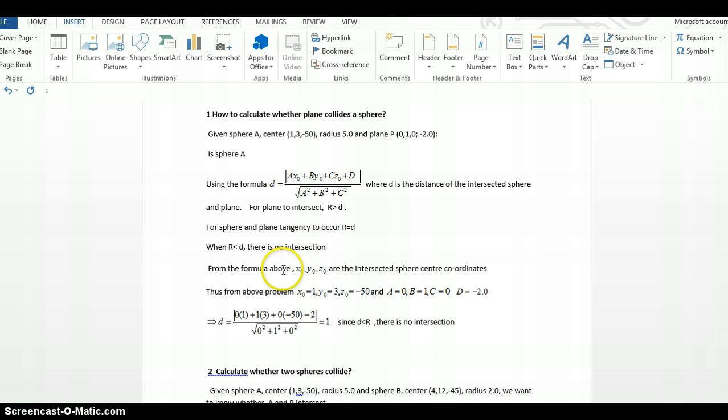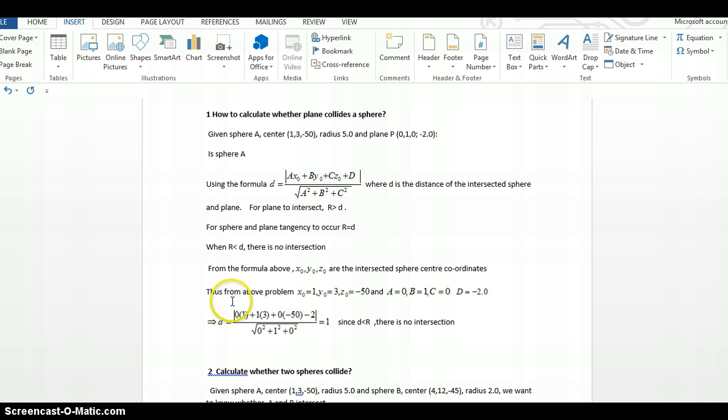So if you see now, from the above formula we have x0, y0, z0. These x0, y0, z0 are the center coordinates of the sphere. That's 1, 3 and minus 50. And we also have a, b and c. They are the coordinates of the plane.